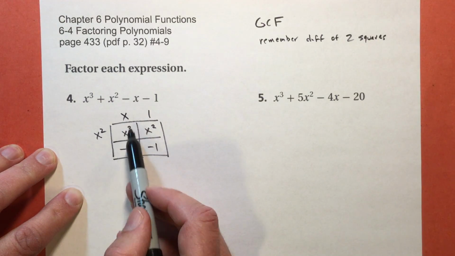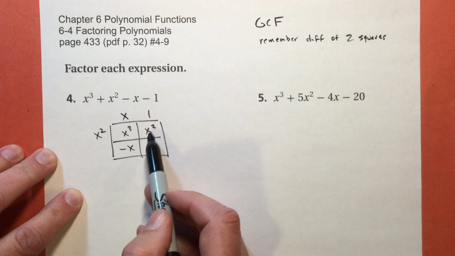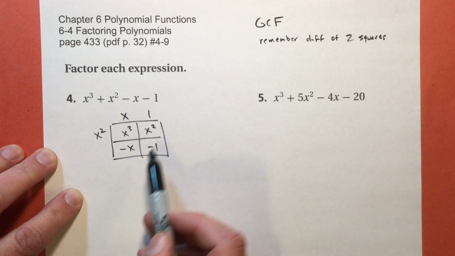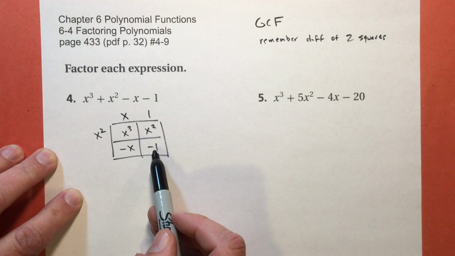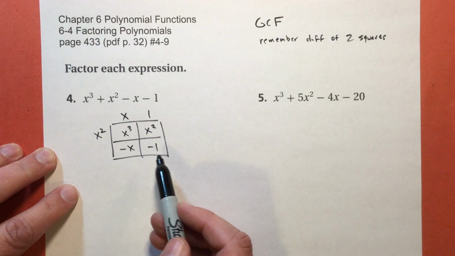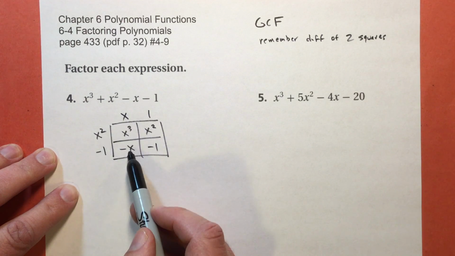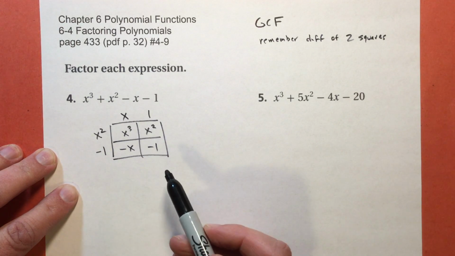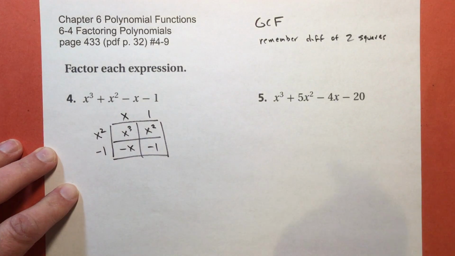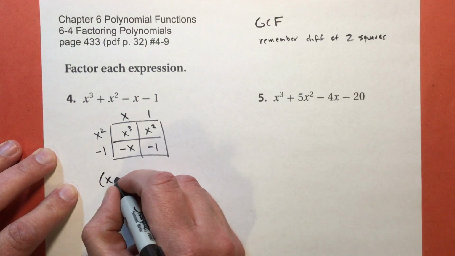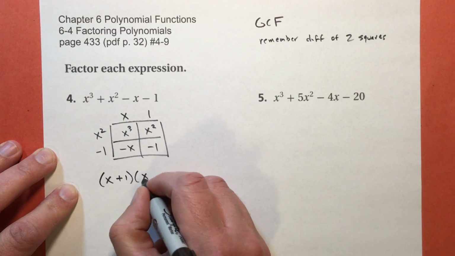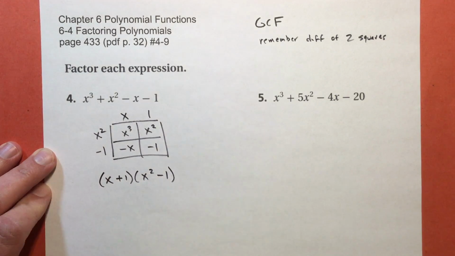X to the second times x is x cubed. X to the second times 1 is x squared. What do these two have in common? The only thing is a negative 1. Negative 1 times x is negative x, and negative 1 times 1 is negative 1. So far, what I've got is x plus 1 times x squared subtract 1.